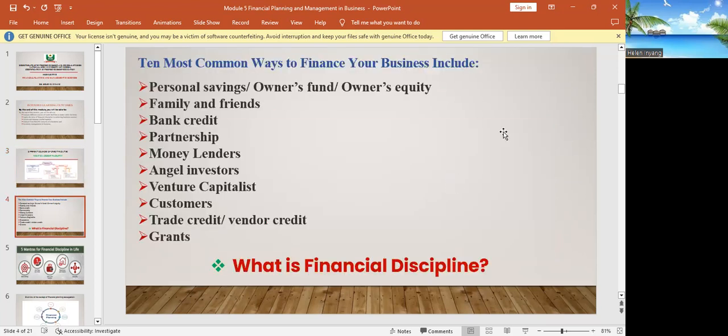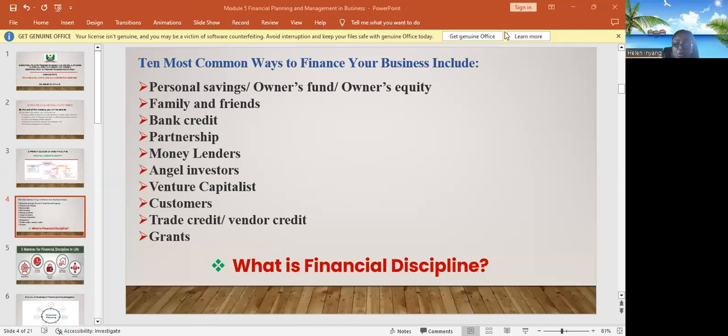Let's quickly look at the 10 most common ways to finance your business. This includes personal savings, or ownership equity.